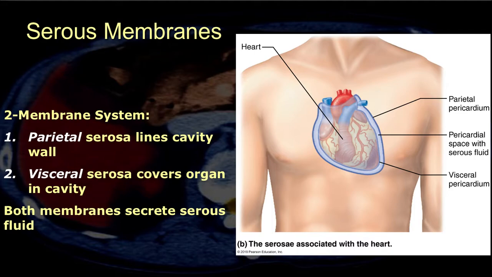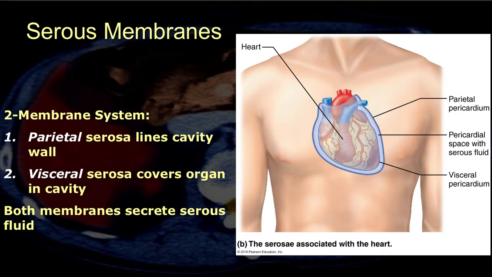Okay, why else are our membranes important? Friction. So that fluid between the layers helps make sure that the heart, when it contracts and it beats and it moves, doesn't experience friction rubbing against the wall of the body. Okay? So it's kind of like the oil you put in. It keeps everything lubricated and running smoothly. Okay? All right, so your serous membranes there.